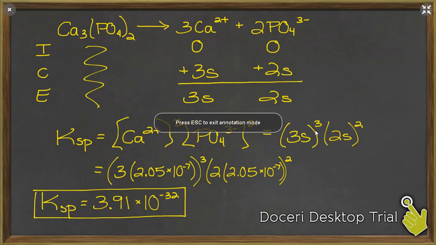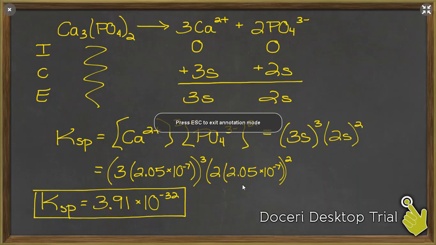And guys, you've got to be careful. It's (3S) with parentheses around it cubed. A lot of students just forget that set of parentheses and right here would just write 3S cubed and 2S squared, when really, like this last part, for example, if you were to simplify this, would be 4S squared. So just be real careful about that.